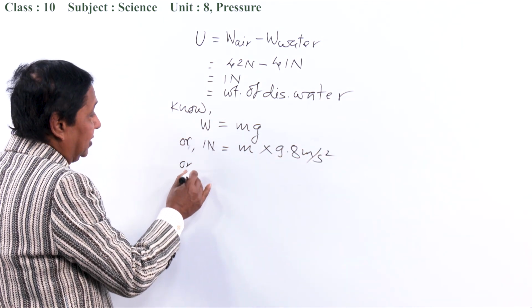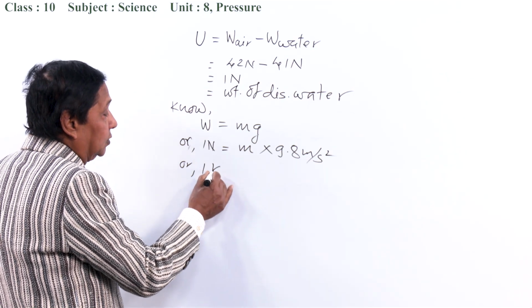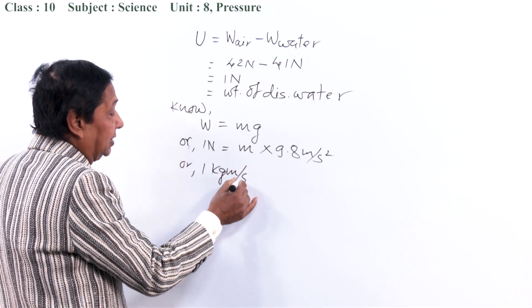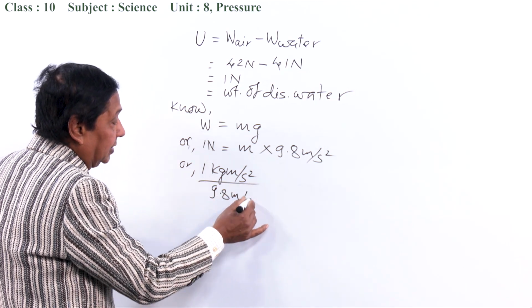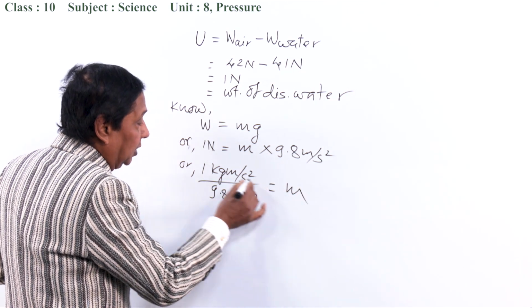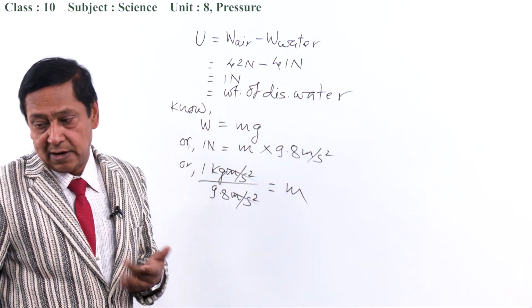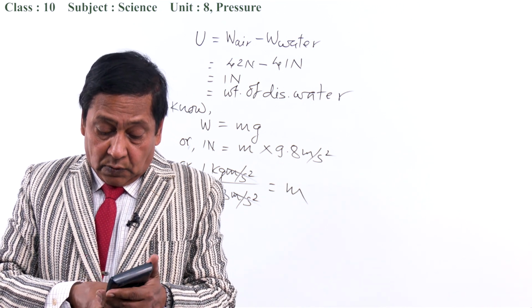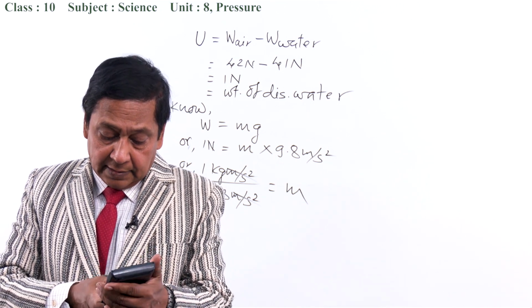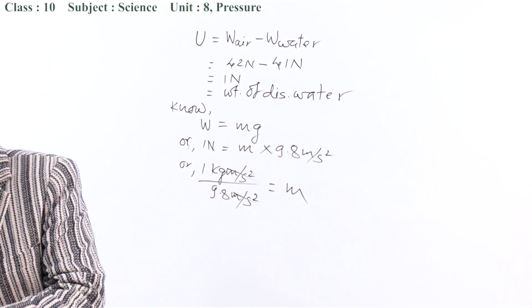If we take this 9.8 meter per second square to the left hand side, an elaborated form of Newton is kg meter per second square, so we cancel this, and m equals 1 divided by 9.8. Using the calculator, 1 divided by 9.8 gives 0.1020.